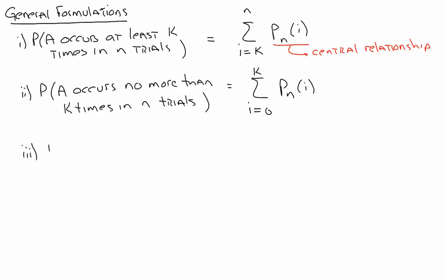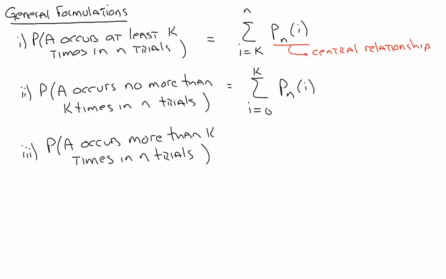Third one: the probability that A occurs more than k times in n trials equals the summation of i from k plus 1 to n of P sub n of i. Once again, my central relationship.